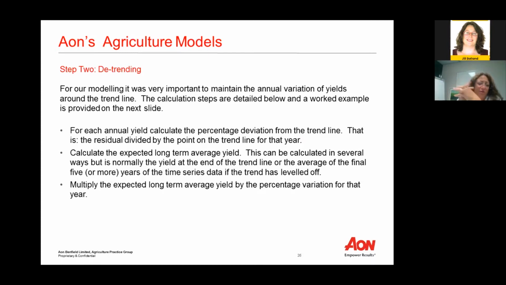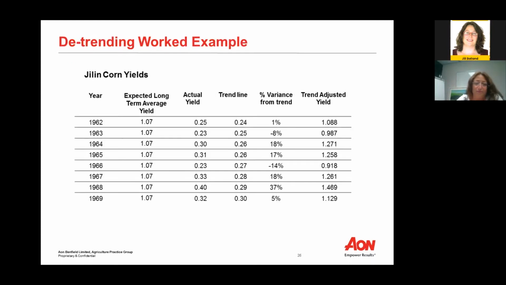You can do it by the actual deviation or the percent deviation. It depends on your data and how much variation you have in there, and also on how much the yields change, because generally variation increases as yields increase as well. So you have to keep that in account.